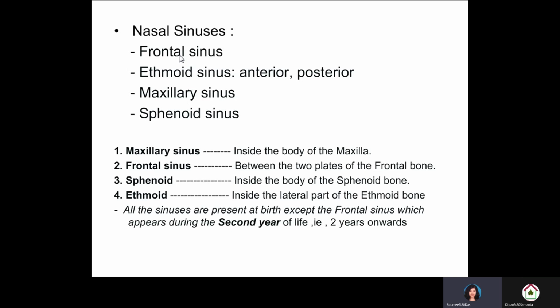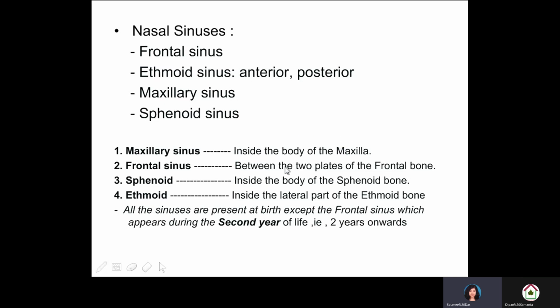It's the same for all the sinuses, but in the case of ethmoid sinus, this is known as anterior and posterior sinuses.